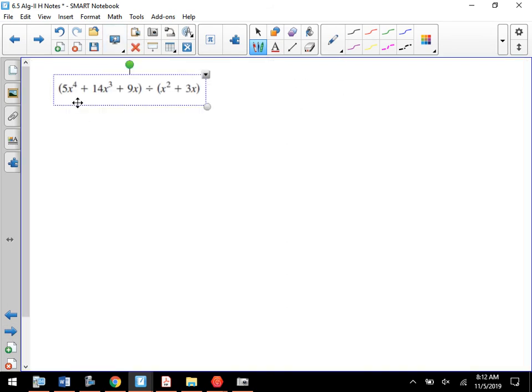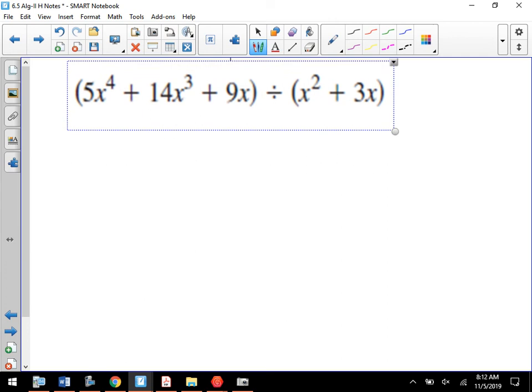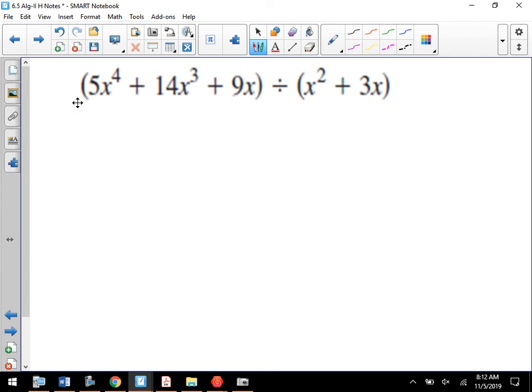All right. Well, let's throw something weird at you then. I have a 4th degree polynomial being divided by a 2nd degree polynomial, which means if I have a 4th degree polynomial, how many terms should it have? If I have a 2nd degree polynomial, how many terms should it have? So you need some placeholders here, don't we? Okay.